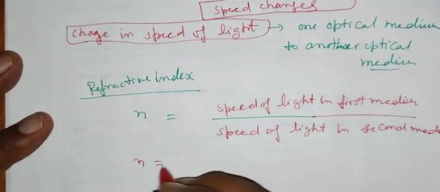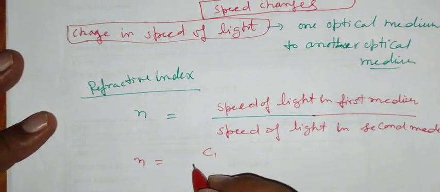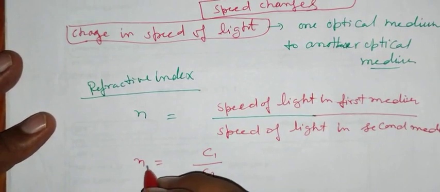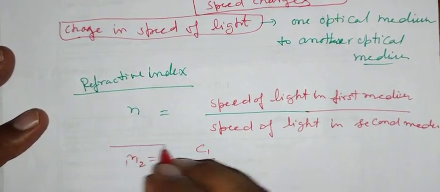Let the speed of light in the first medium be c1 and in the second medium c2. This is the refractive index of the second medium with respect to the first medium.